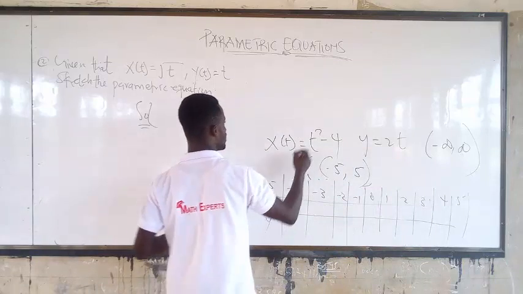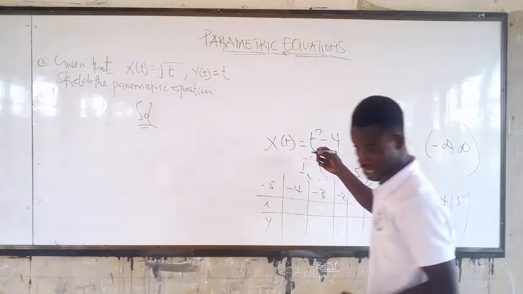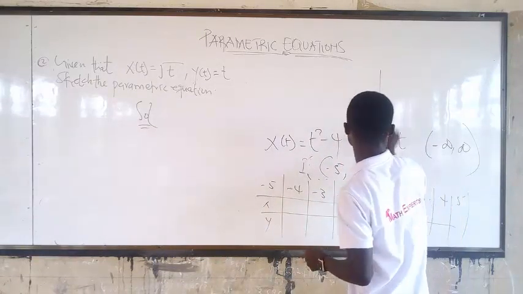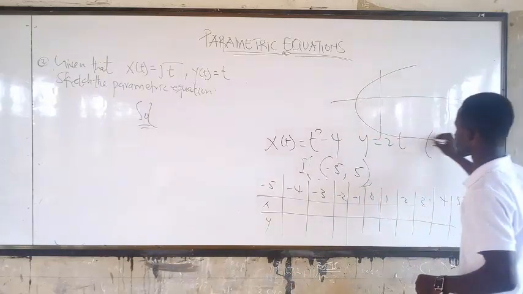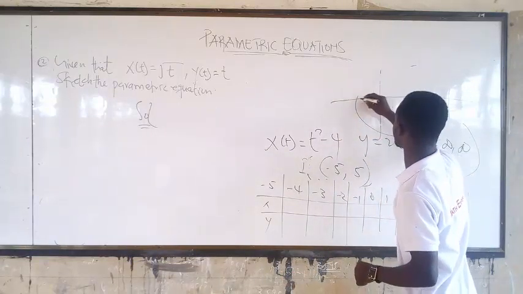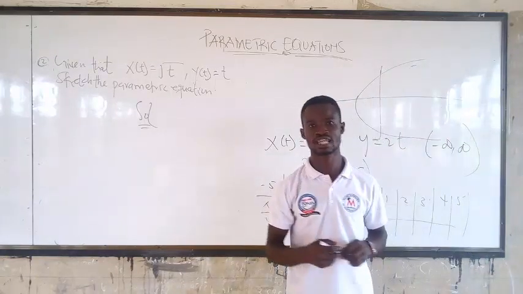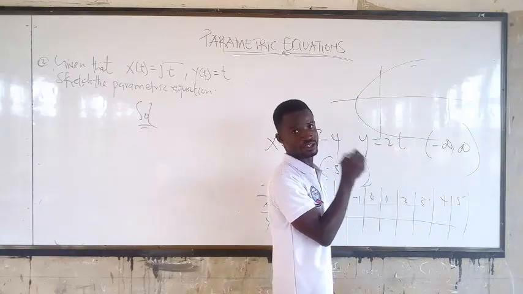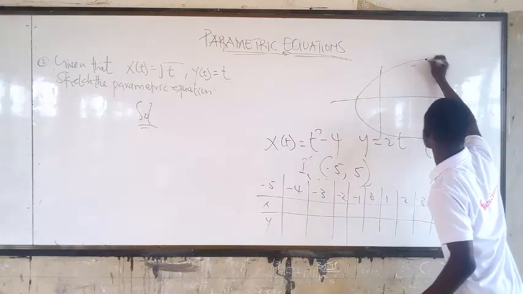But let's say that if you sketch, I know what you will get in this question, alright. Let's say that if you sketch, you will get something like this. So if you get something like this, it means that you will not show a point here.